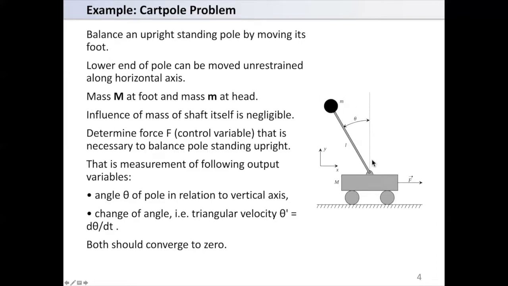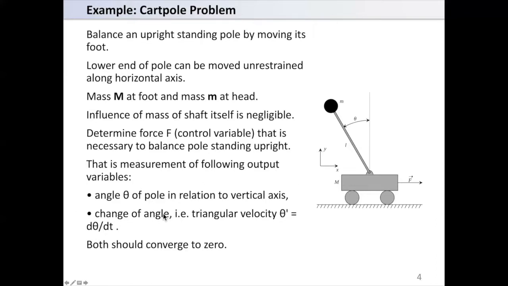We are designing this pole to stand at an upright position. That is, measurement of the following output variables is needed. Angle theta of the pole in relation to the vertical axis, this is theta, this is the vertical axis.